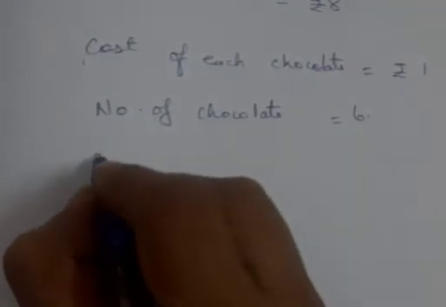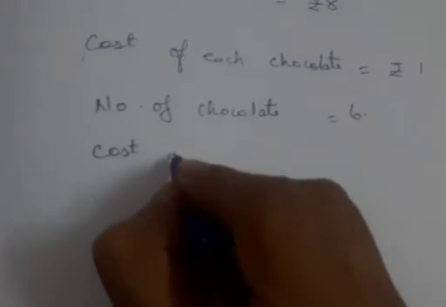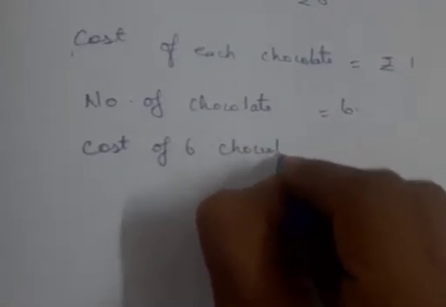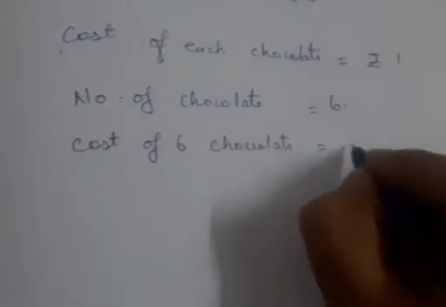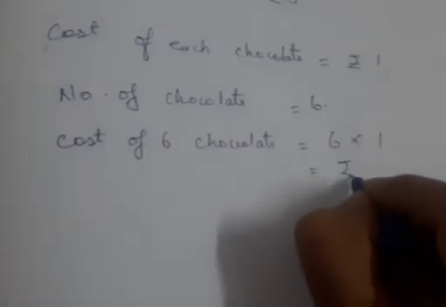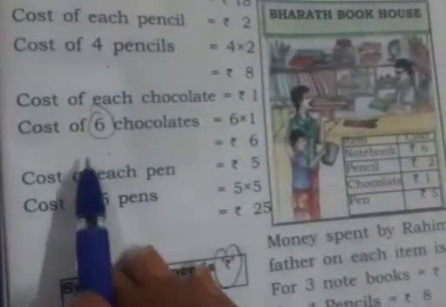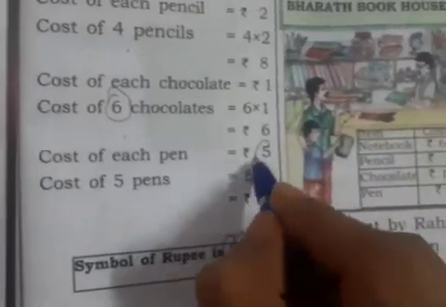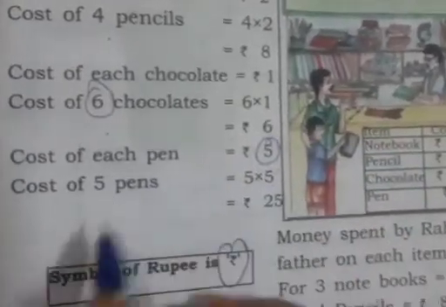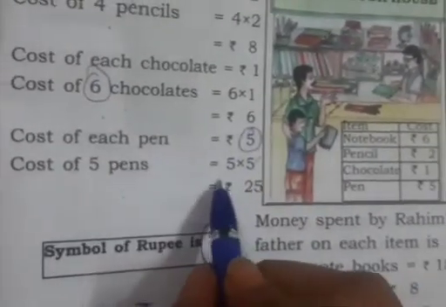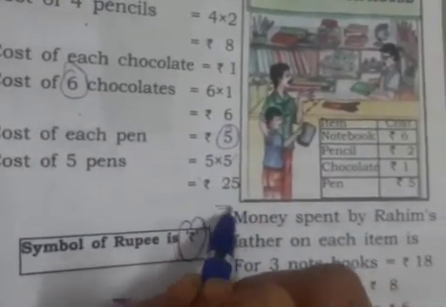So what we are going to find? The cost of 6 chocolates. So cost of 6 chocolates equal to 6 into 1, which is 6 rupees. Then last, what he buys? He buys a pen. So one pen is rupees 5 and he purchases 5 pens. So 5 into 5 is 25.